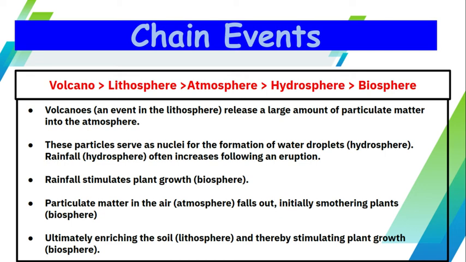Ultimately, however, over time, that cloud of dust has a lot of minerals that fall to the ground. And eventually, it enriches the soil, which is the lithosphere, and thereby stimulates better, more plant growth in the biosphere.